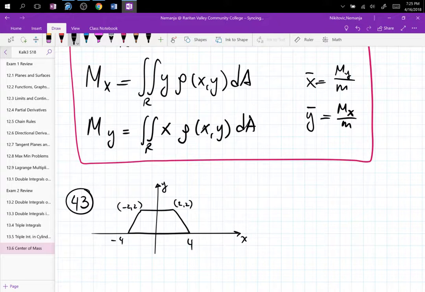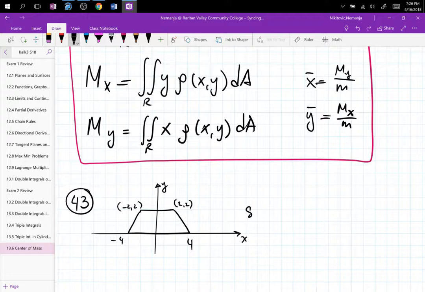So density is uniform everywhere, and we have the same amount of mass to the left and to the right of the y-axis. Which means that if I were to rest this object not on a single point but on a wire along the y-axis, it will be perfectly balanced, because it's symmetric to the left and to the right.